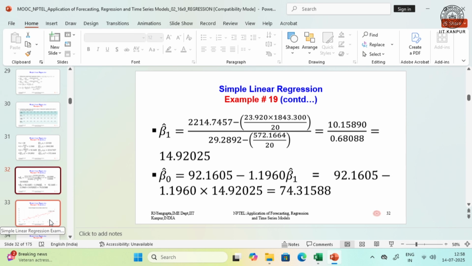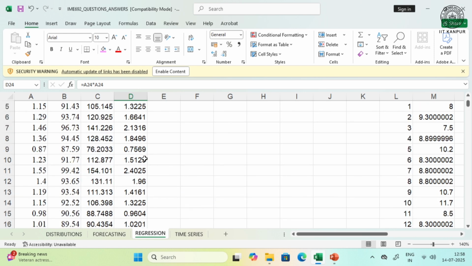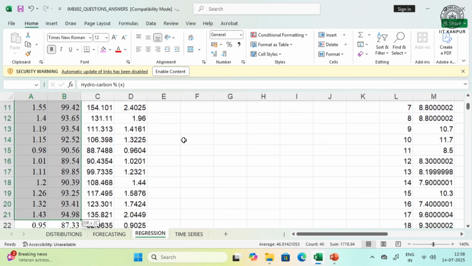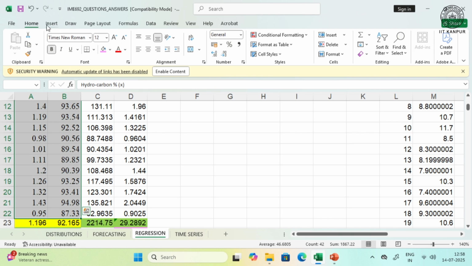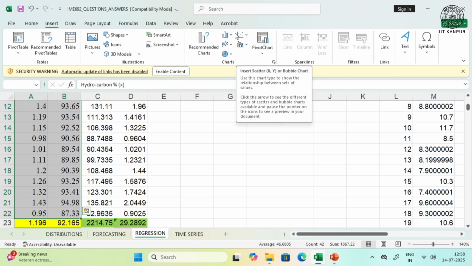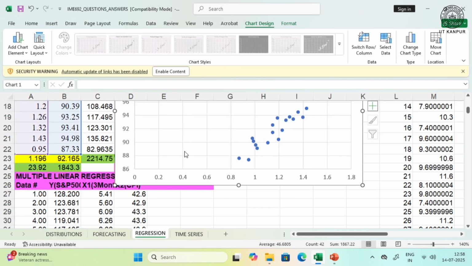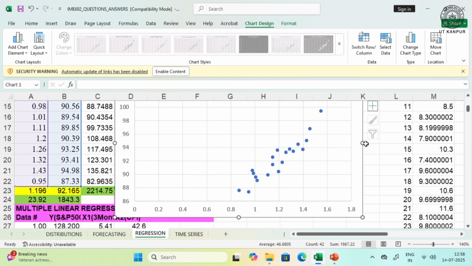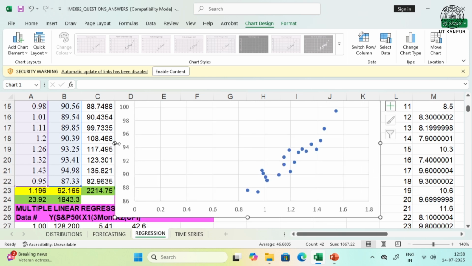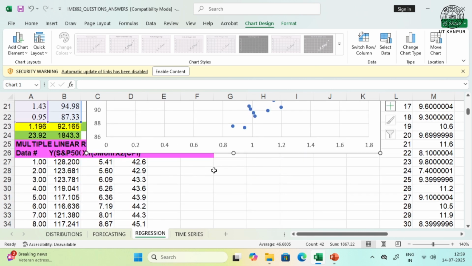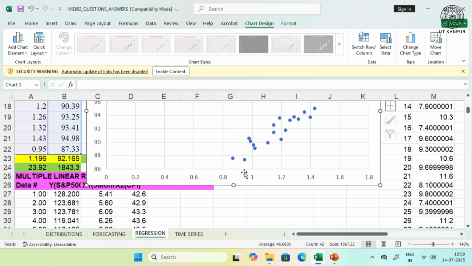If you remember, I had removed the diagram in the Excel sheet. So, if I plot it, the plot values are in column A and column B. These are the values which I have. The purity of oxygen is y, and on the x axis you have the hydrocarbon.